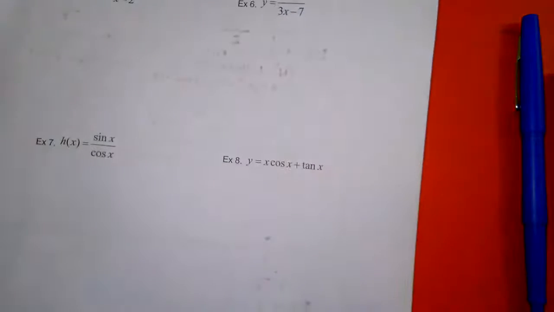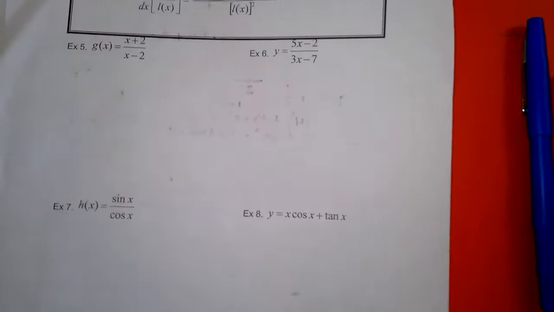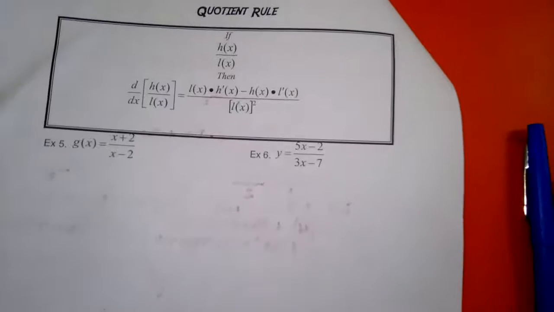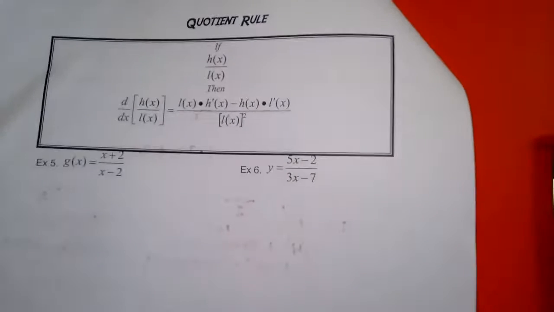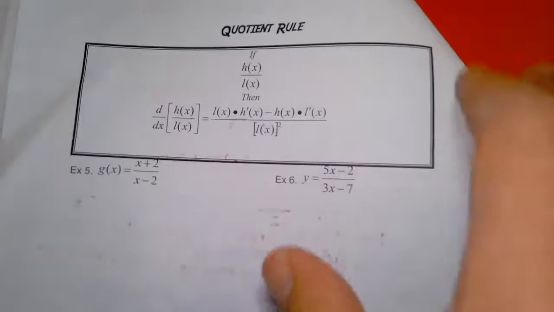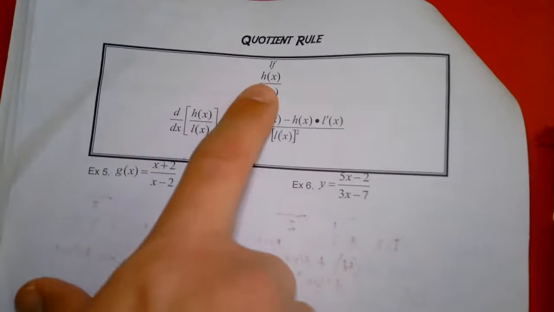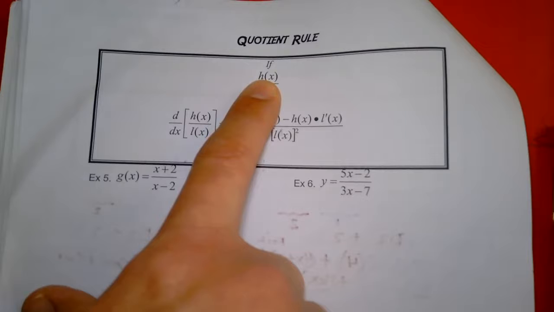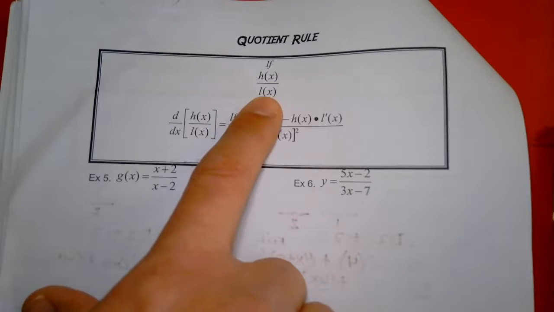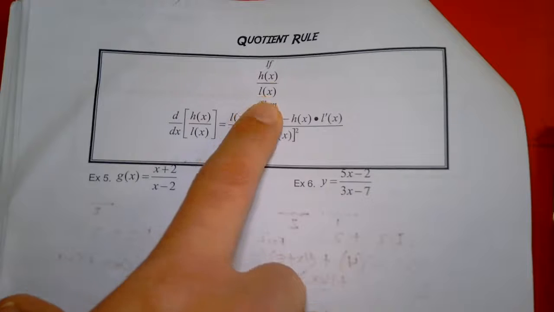Okay, well, guess what? Last page of notes. Oh my gosh. And now I leave you with what's called the quotient rule. So I'm going to have 2 functions. I'm going to have a fraction, and on the top is the first function, h of x, and on the bottom is L of x.